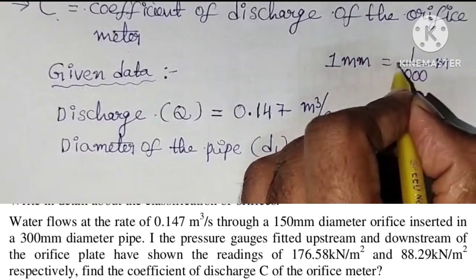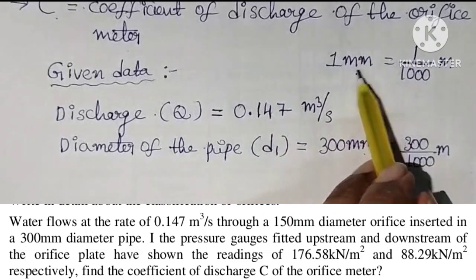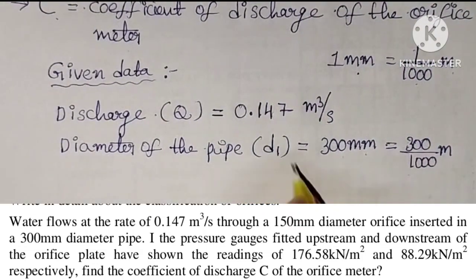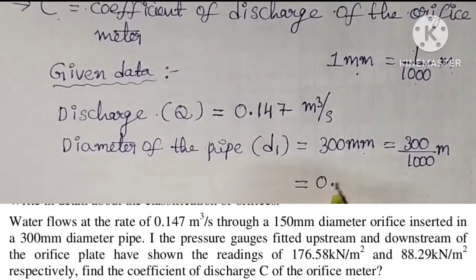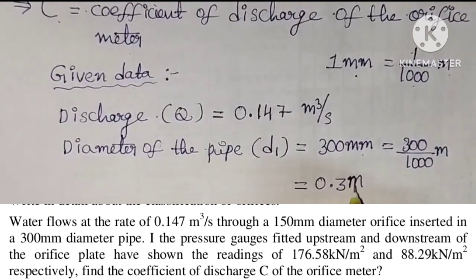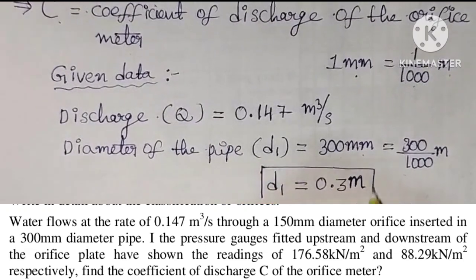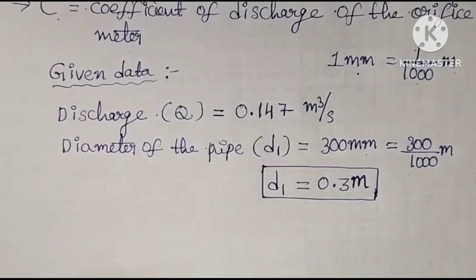Unit conversion is very important. So 300 mm is equal to 300 by 1000 meters, which is 0.3 meters. So D1 is equal to 0.3 meters. The diameter of the pipe is 0.3 meters.